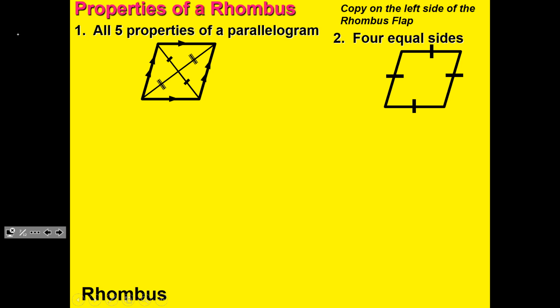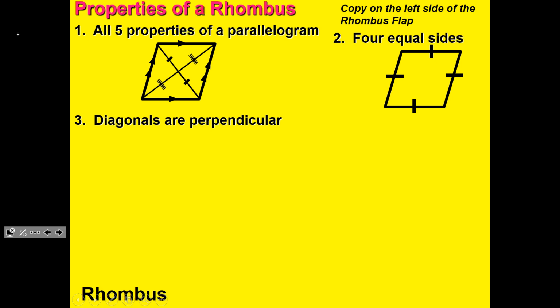Okay, the second property is that a rhombus has 4 equal sides. So not only should top and bottom and the sides be congruent, all 4 sides should be the same size. So if they give you a rhombus and they tell you this side over here is 3, you automatically know all the rest are 3 as well.